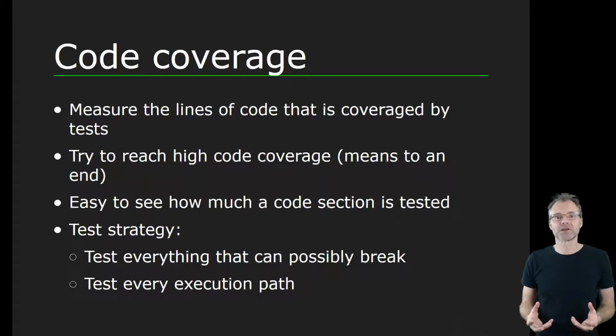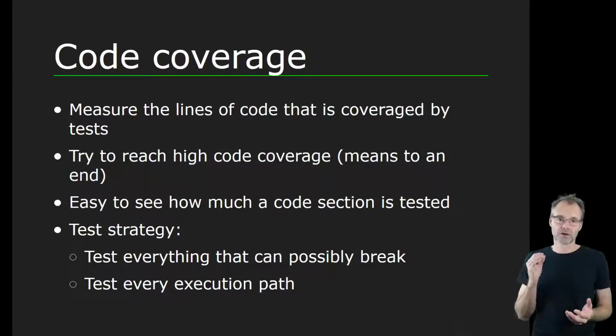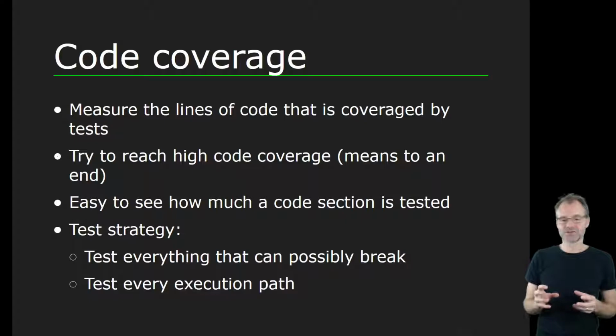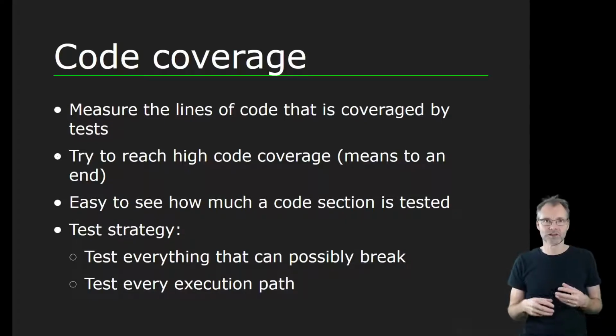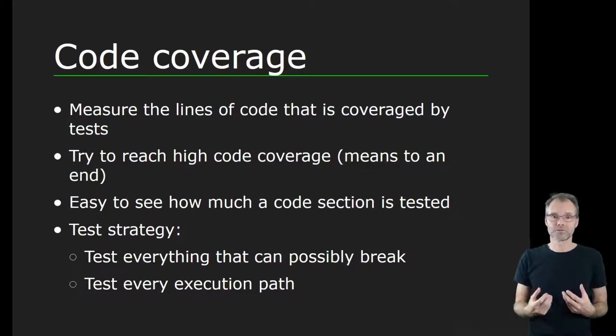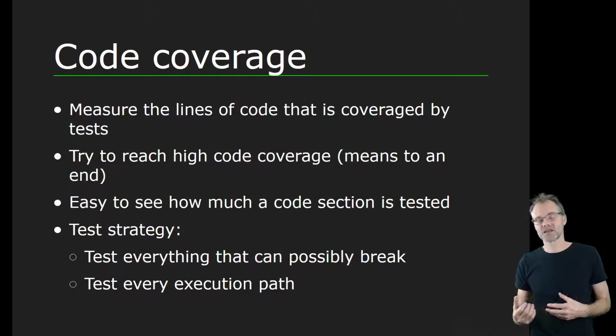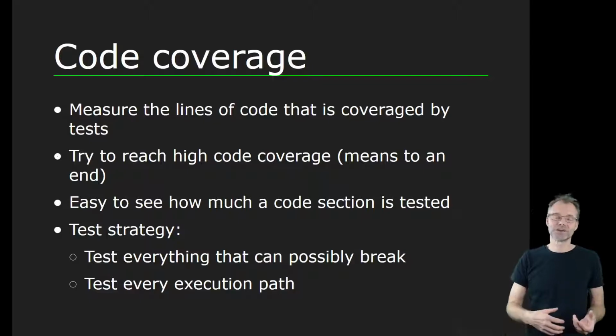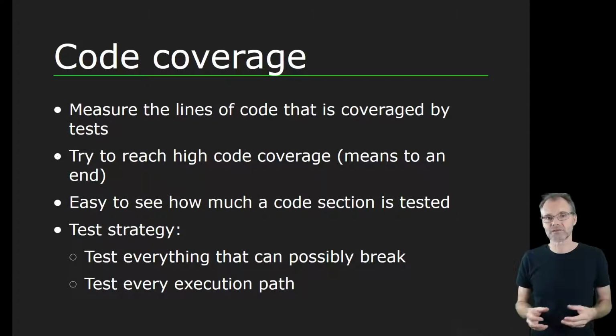So at the end you will get a percentage figure saying, well, you have 70% code coverage for your unit test here. So that is usually a driving force to try to excel and reach 100% code coverage with my unit tests. And that's a good driving force.